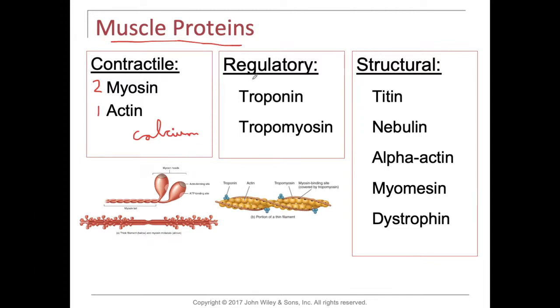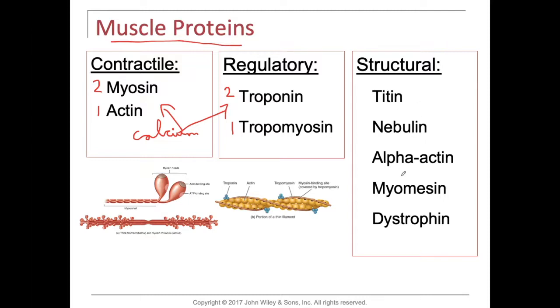The regulatory proteins are tropomyosin and troponin. And again, calcium is going to have some sort of impact on these two types of proteins. The structural proteins are called titin, nebulin, alpha-actin, myosin, and dystrophin.